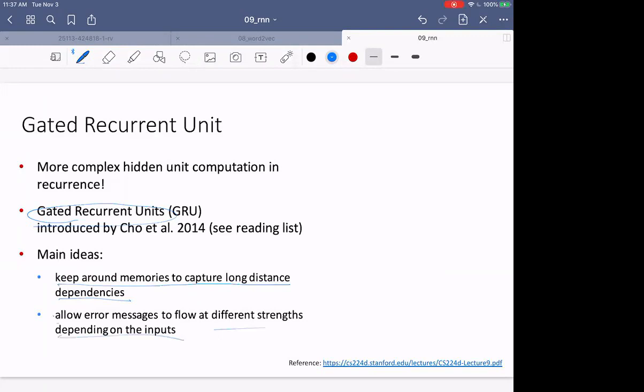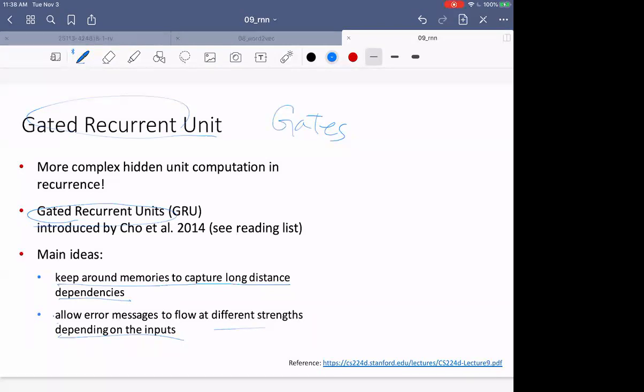The reason a gated recurrent unit has gates is that the gates decide which information flows to the future and which doesn't. So there's a gatekeeper. For example, if you're at time step 2 and you receive x2, and the model decides x2 is very important, then x2 lives on to the next time step.